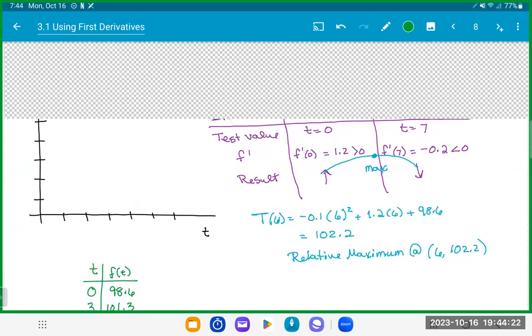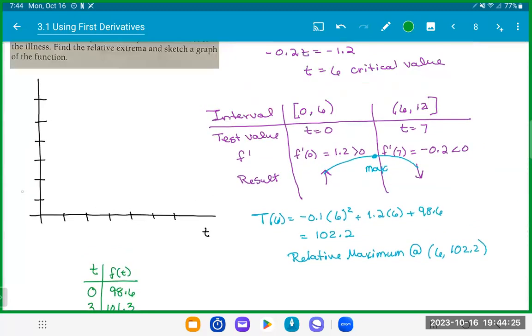Okay, so we can plot these points. If I let this be 99 degrees, this is 100, 101, 102, and 103. Then at t equal to 0, I am at 98.6 degrees. Because we're going to 12, let's do 2, 4, 6, 8, 10, 12.